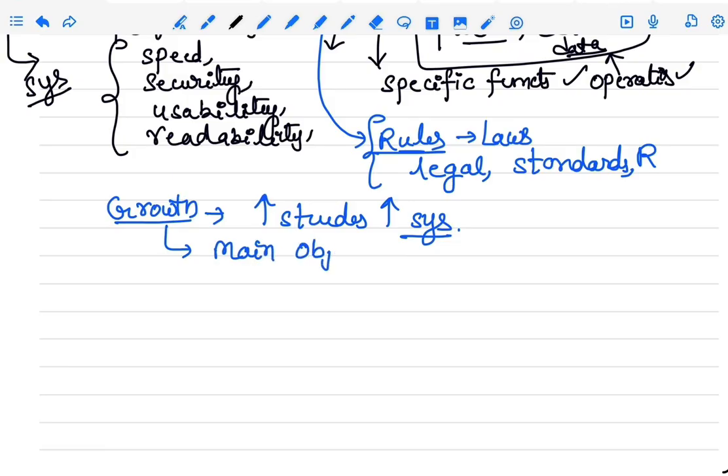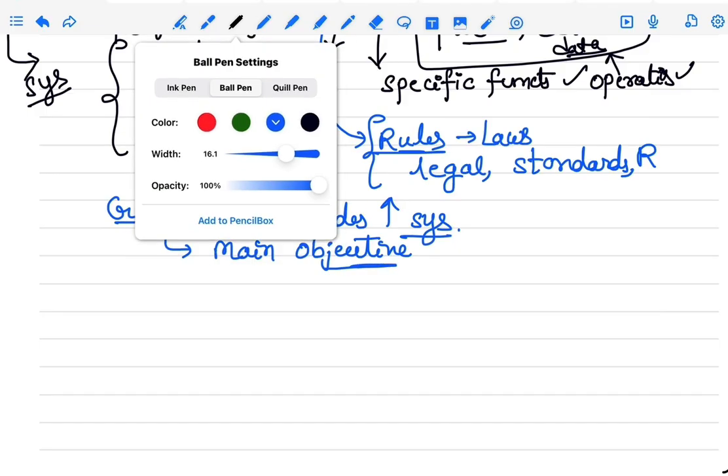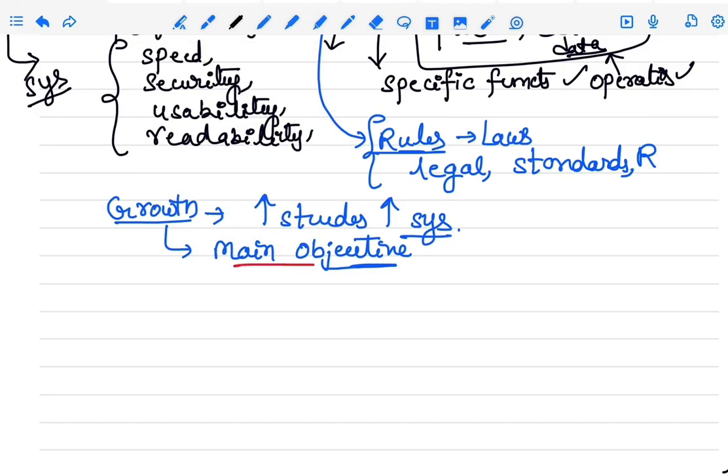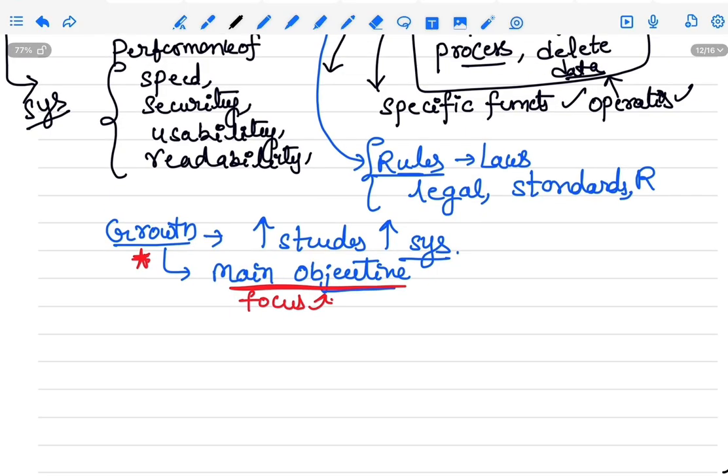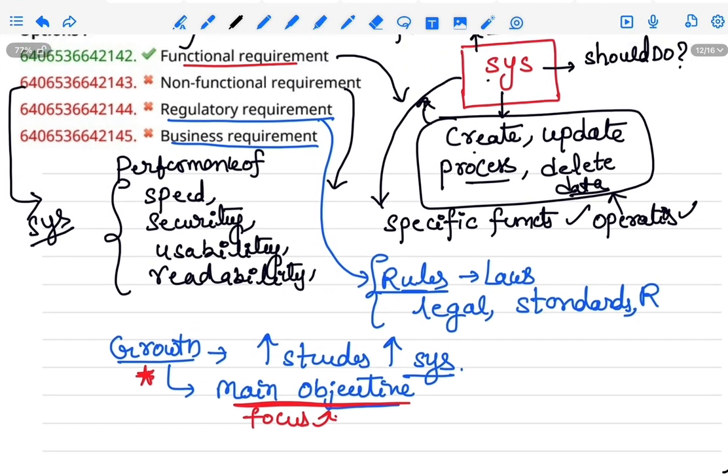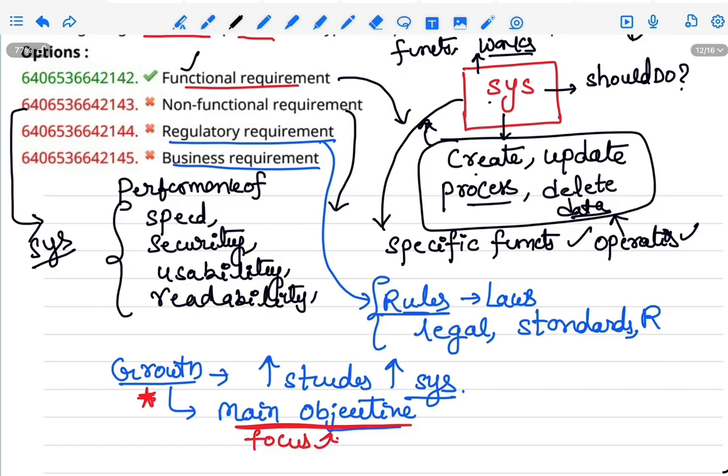What is the objective of the system? To provide online, flexible, accessible courses to the students. You have to remember the main objective of the system is growth. We focus on the objective of the growth of the system, so it comes under the business requirements.